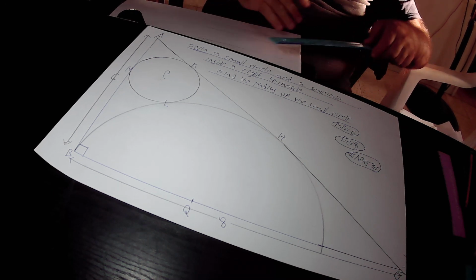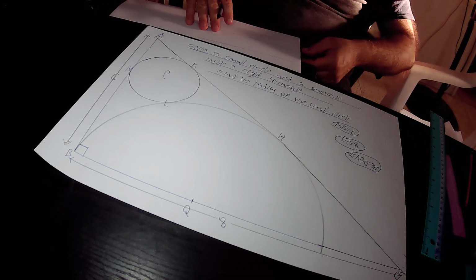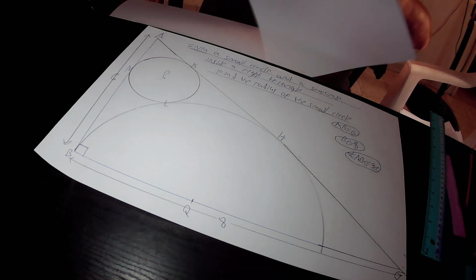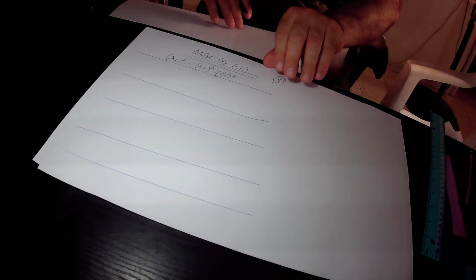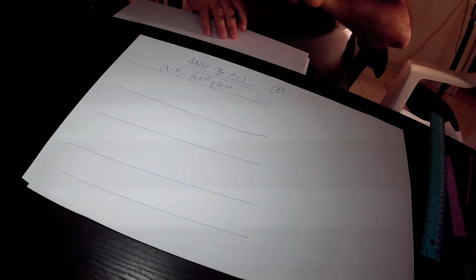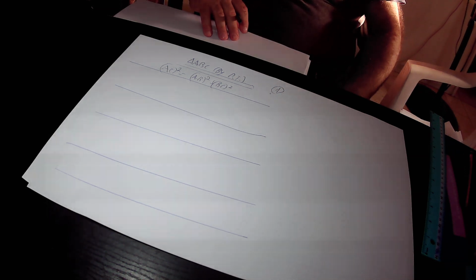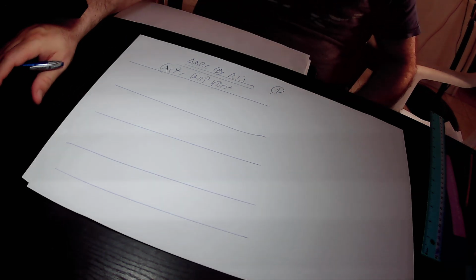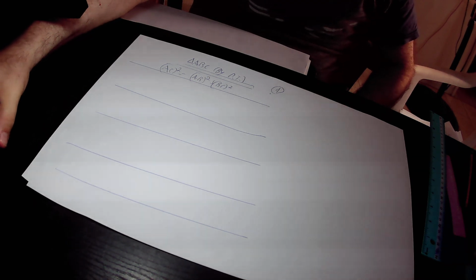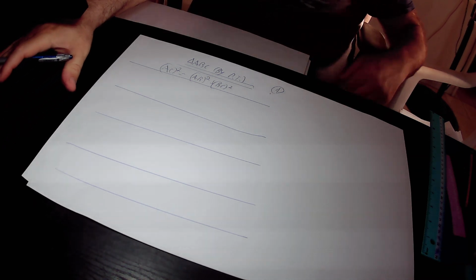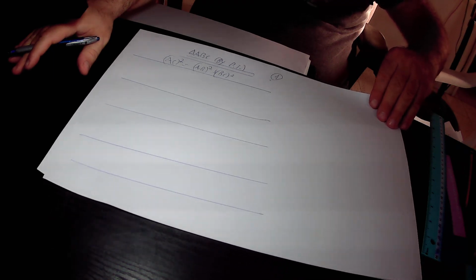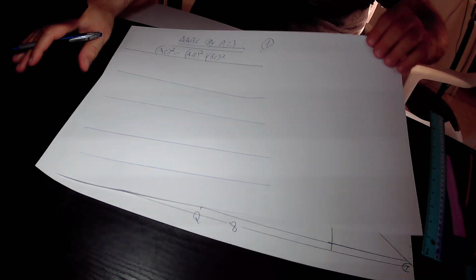Okay, again, according to the Pythagoras theorem, in the right triangle ABC, AC squared equals AB squared plus BC squared. AC is the missing side, so we leave it as it is.